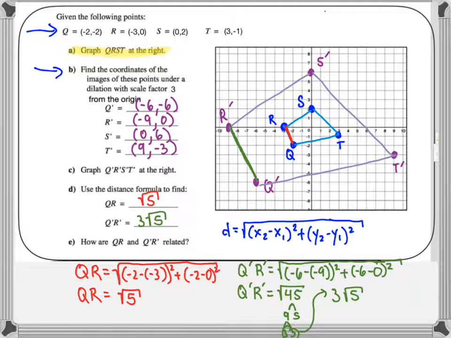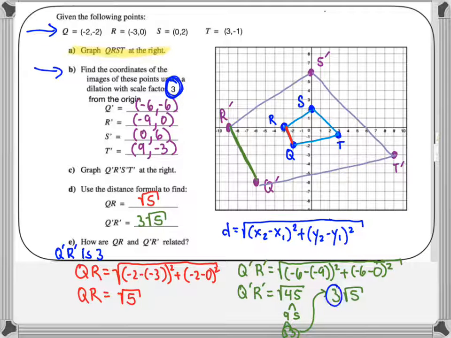And you notice, how are they related? Just like we have this scale factor of 3, Q prime R prime is related to QR by 3.